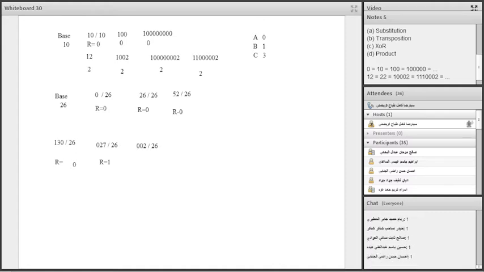What is the remainder? Okay, 2. So this one is A, this one is B, and this one is C. Everybody okay?